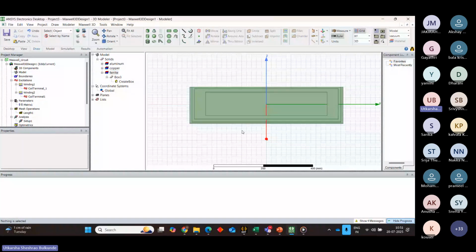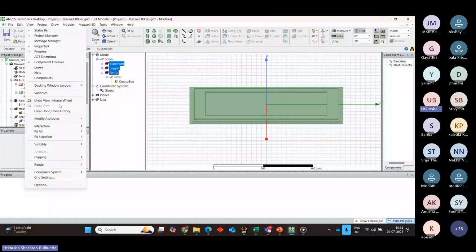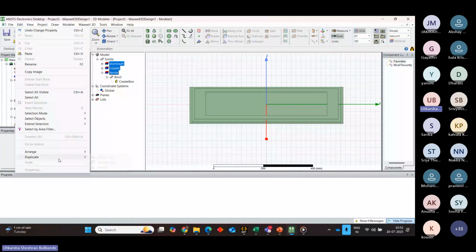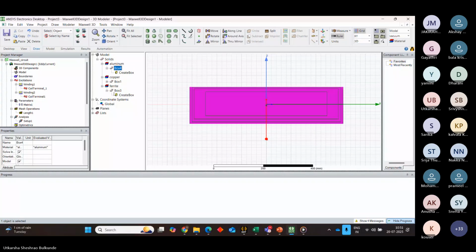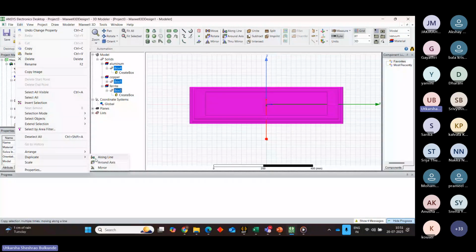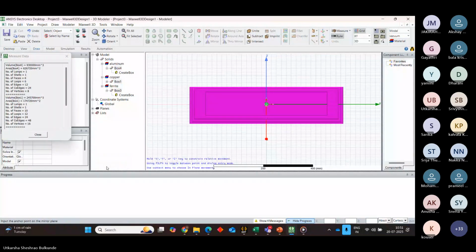So to make the transmitter coil or receiver coil, just copy paste this. Oh, don't copy paste, just select everything, then Edit, Duplicate, Mirror.